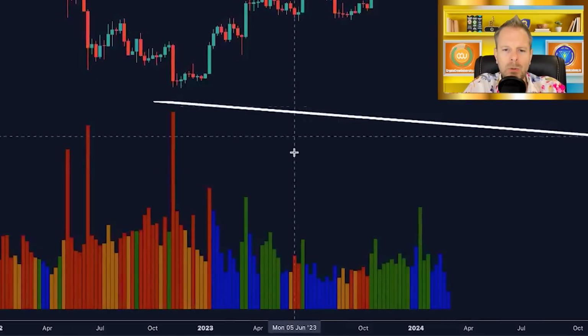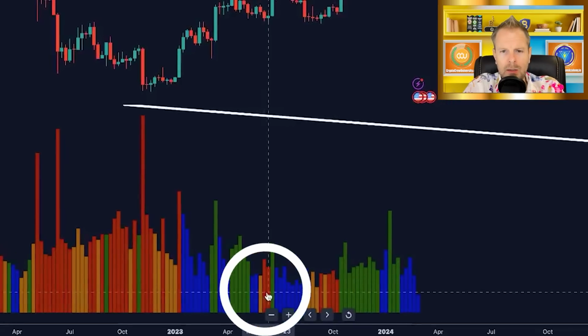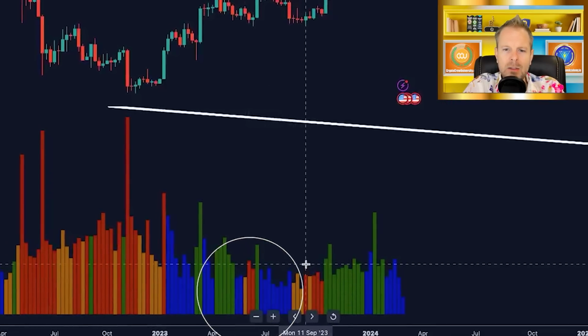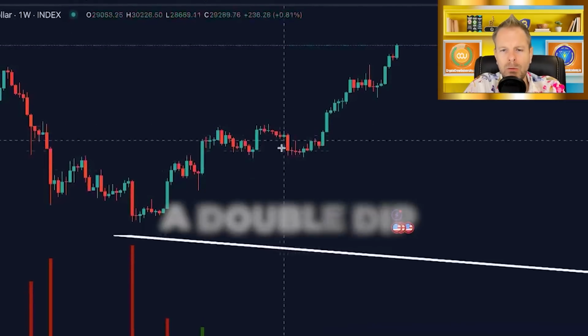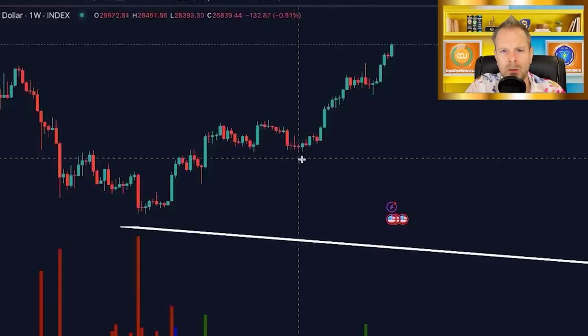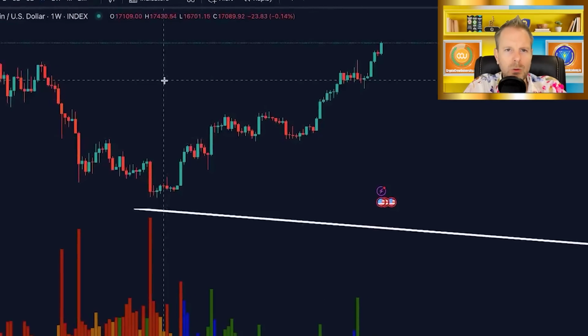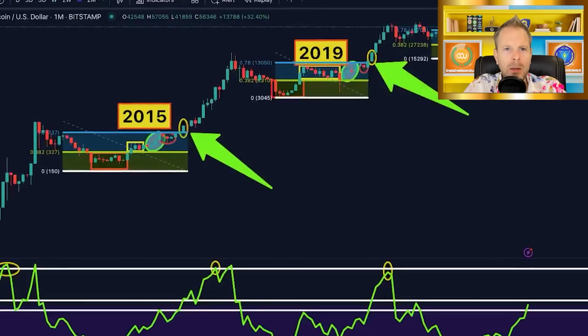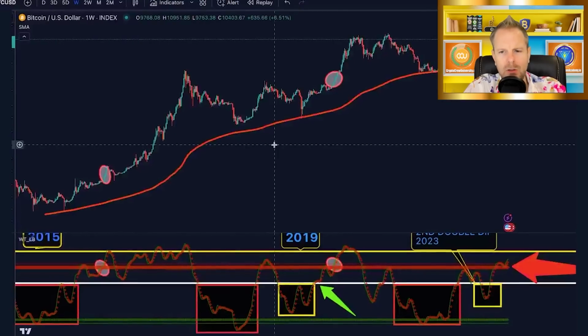And we went sideways, and then we transitioned into a small period of orange and a small period of red, and this was kind of the final flush out. This is when we had a double dip. We covered it in multiple videos, but we had a double dip, right? It was the wave trend. If you guys remember our wave trend, let me pull up the wave trend so you can have it here.